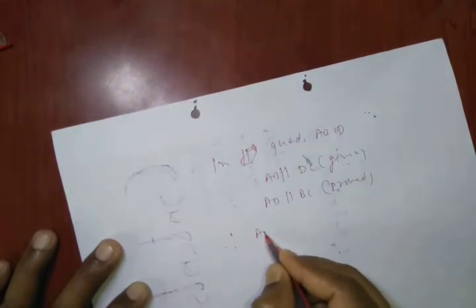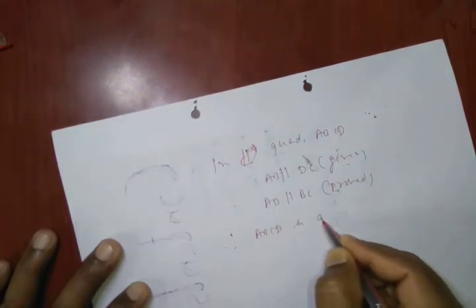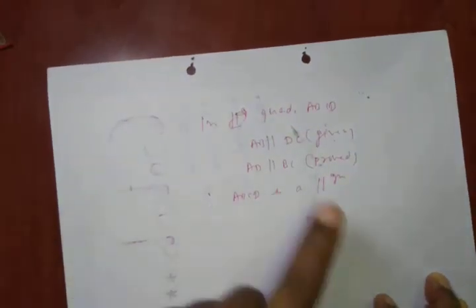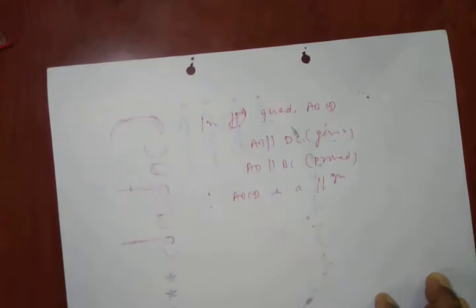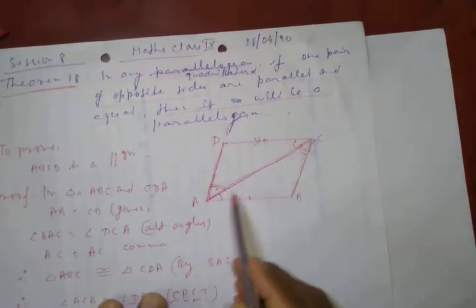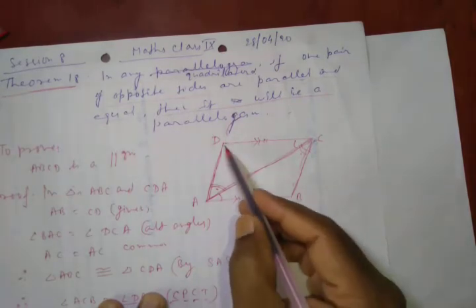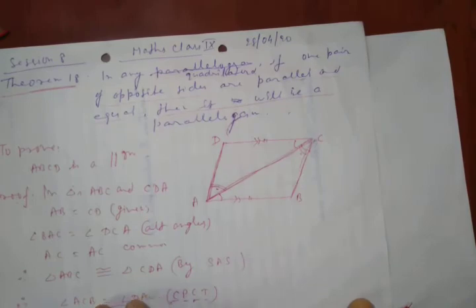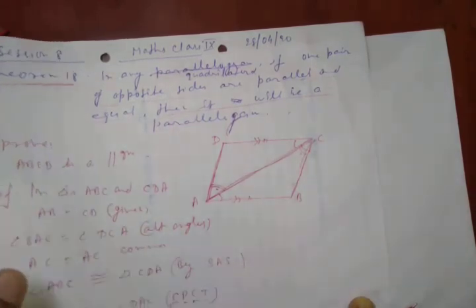From these two conditions we say that ABCD is a parallelogram, because both pairs of opposite sides are parallel: we were given that this pair is parallel, and we proved that this pair is also parallel. So this is the proof of this theorem.